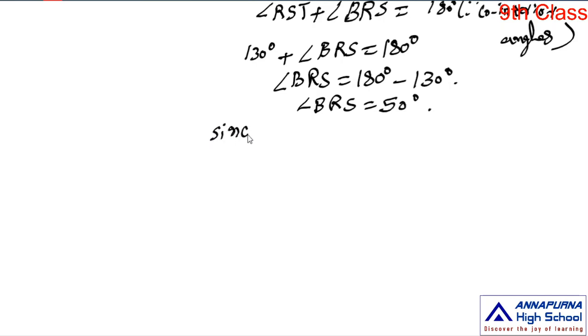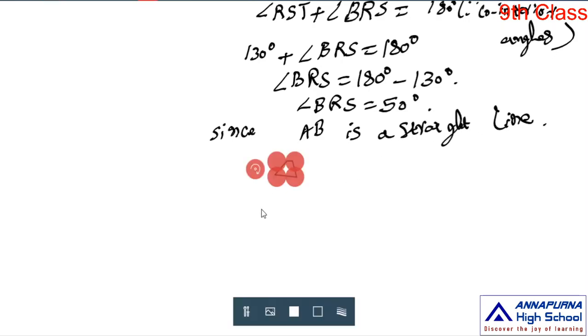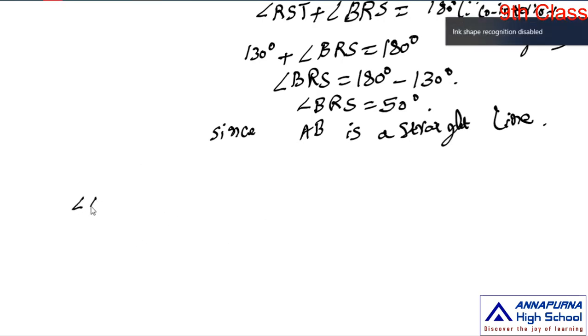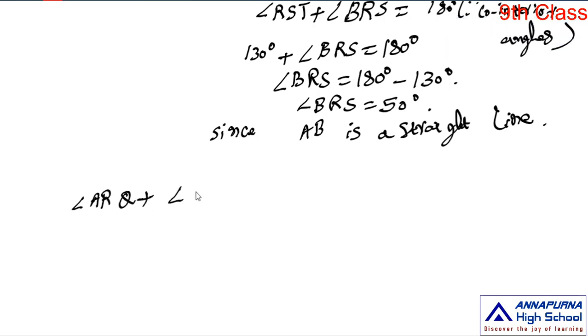Since AB is a straight line, angle ARQ plus angle QRS plus angle BRS is equal to 180 degrees.